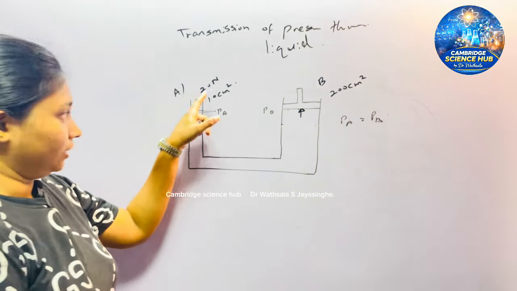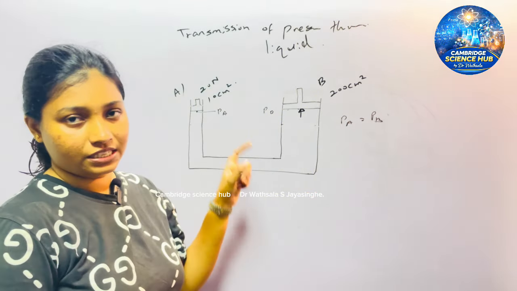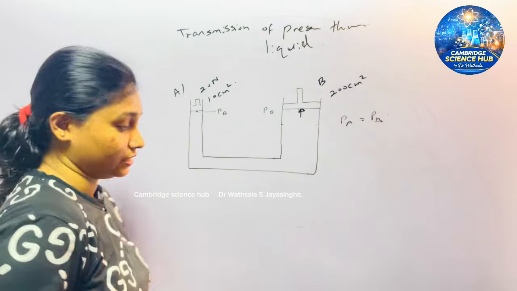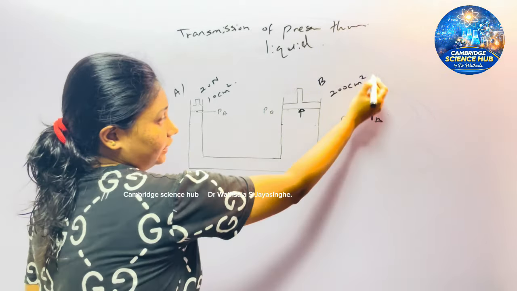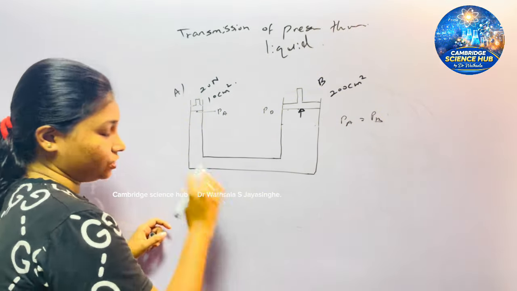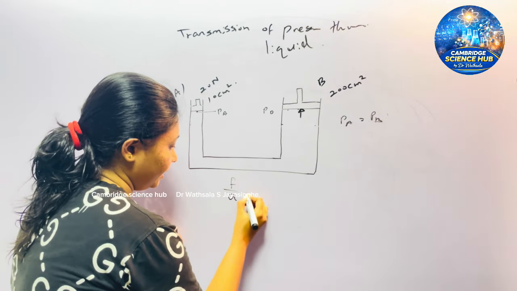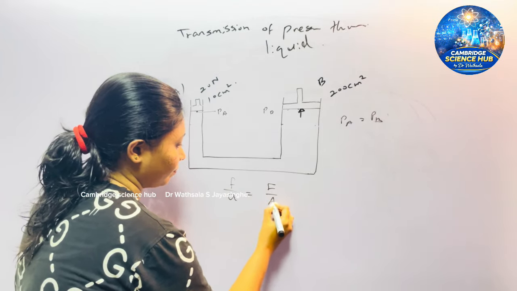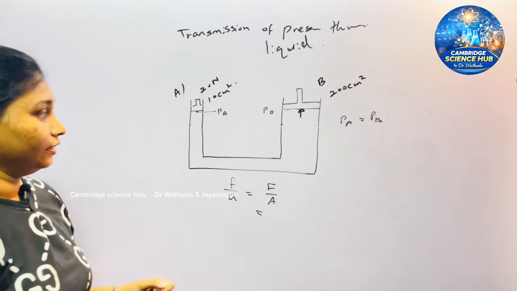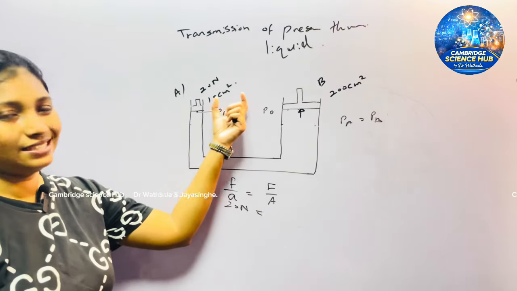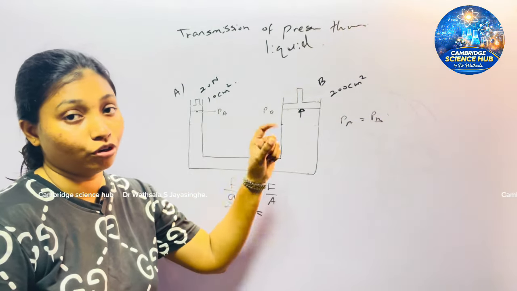Now here you can see a 20 Newton force is applied from piston A and the area is 10 square centimeters. Here the area of the other piston is higher. So F over A is equal to F over A. Here it is 20 Newton, and since both areas are in square centimeters, I am not going to convert them.